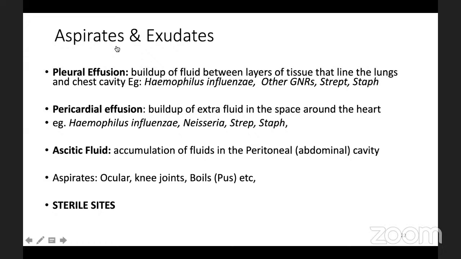The boil is a projection of the skin. Now, inside the skin is a sterile site. So it means that your sample is coming from a place where you shouldn't expect to see any bacteria. And so if you see any bacteria, you should be alarmed. Your lights should come on. And see what is happening here.